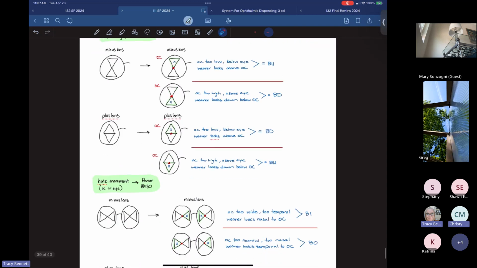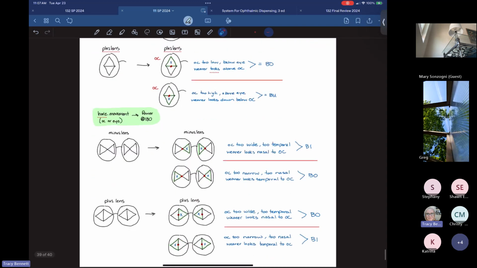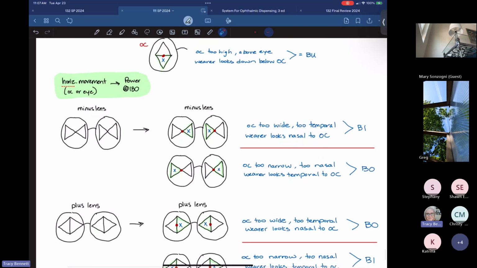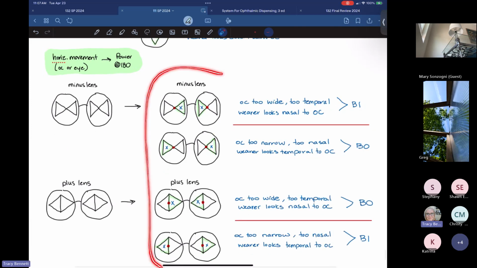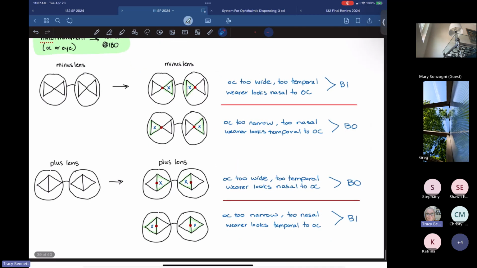If you think about it though, this kind of thing happens at work, this all down here happens a lot. Somebody was supposed to decenter something 5 millimeters, but accidentally decentered it 2 millimeters.